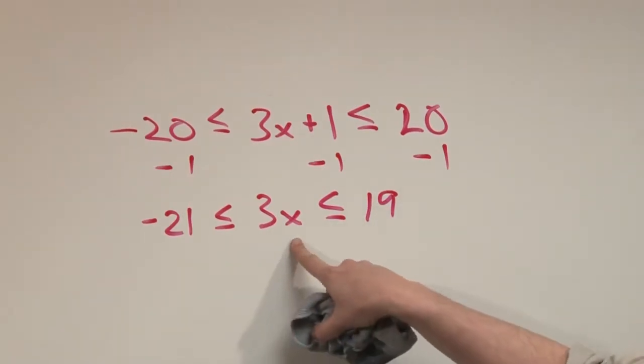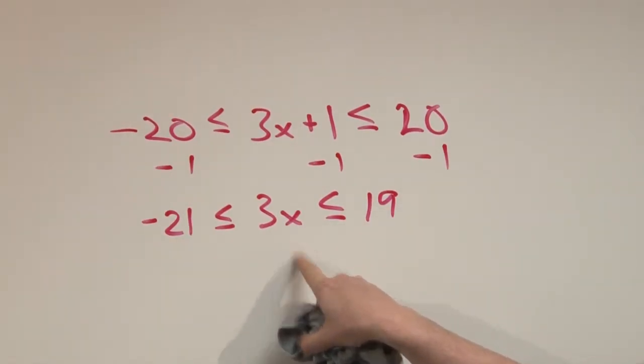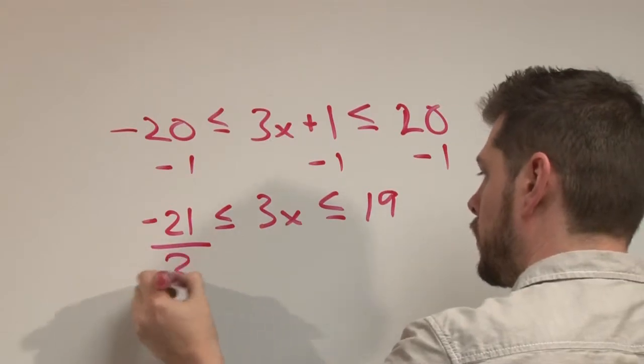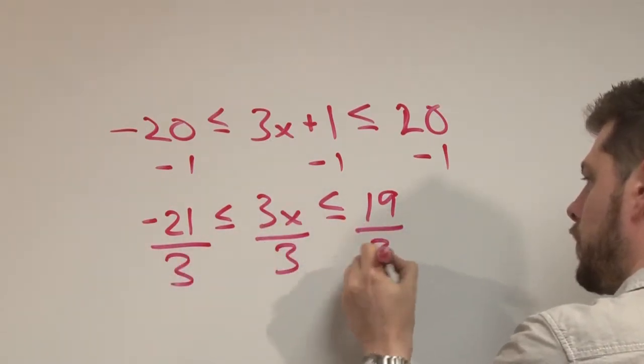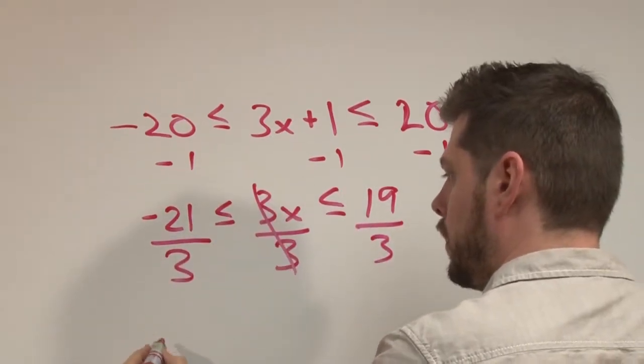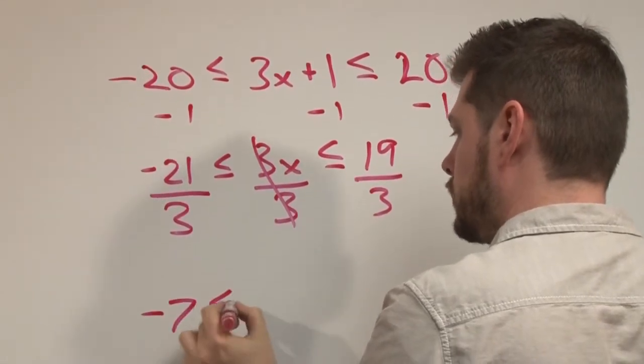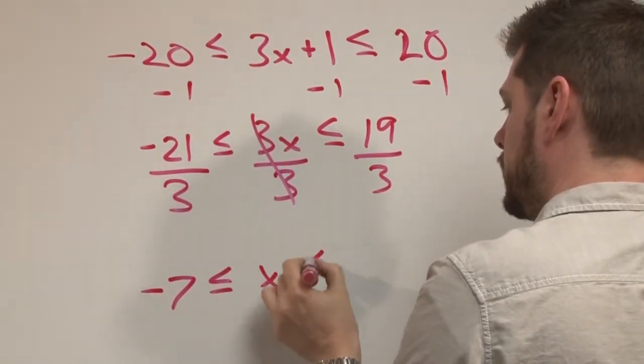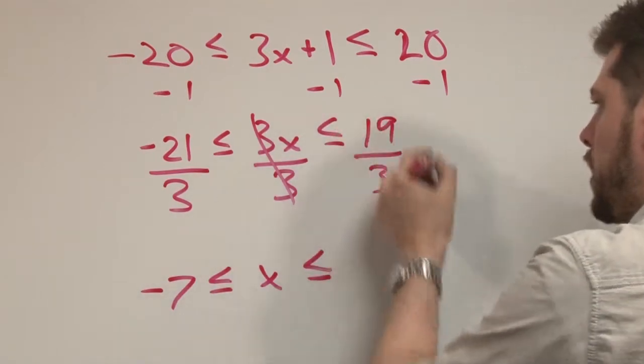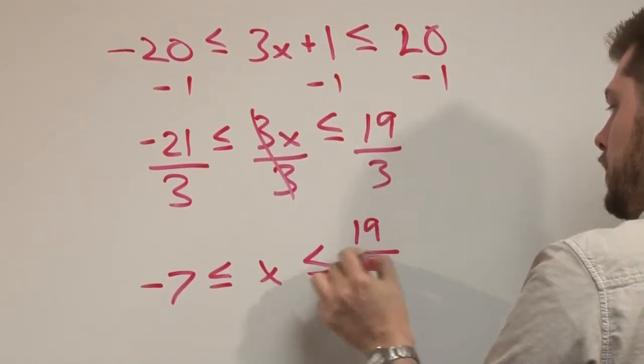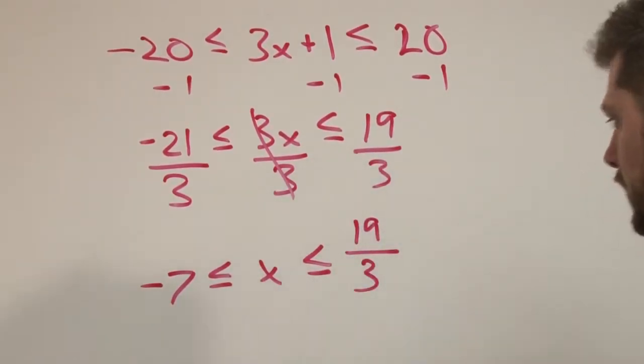And now, to get x all by itself, I divide everything by 3. And I get negative 7 is less than or equal to x is less than or equal to the very cumbersome fraction 19 divided by 3.